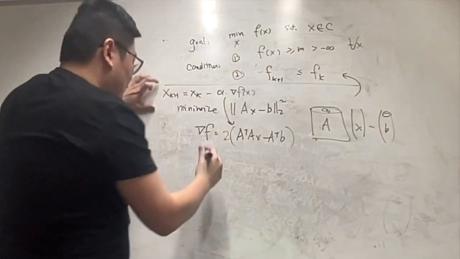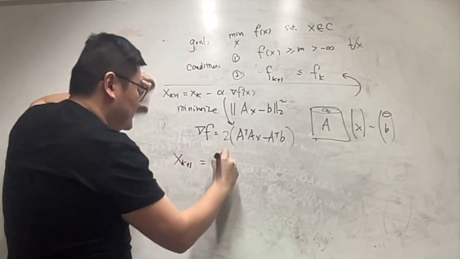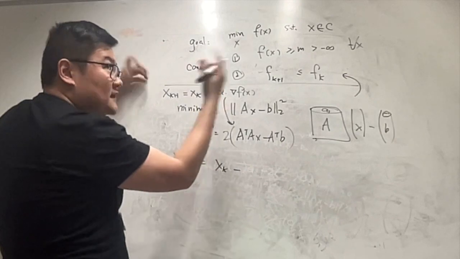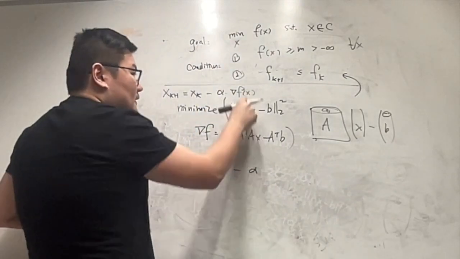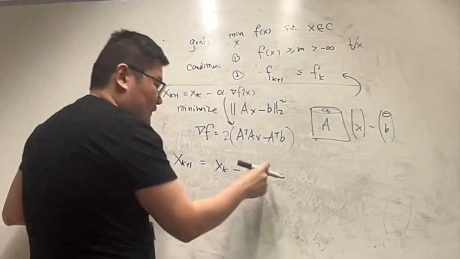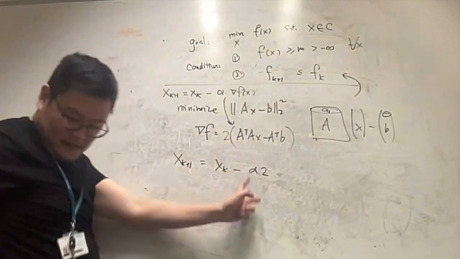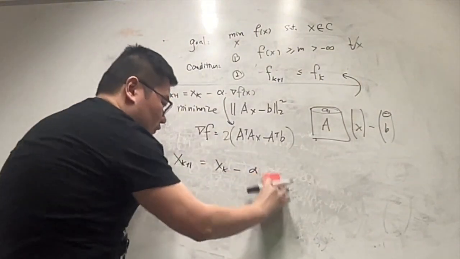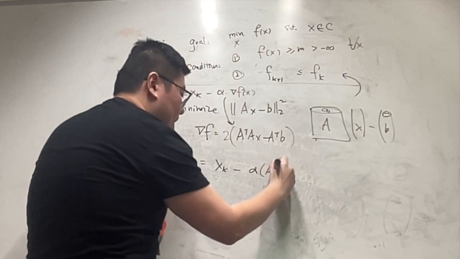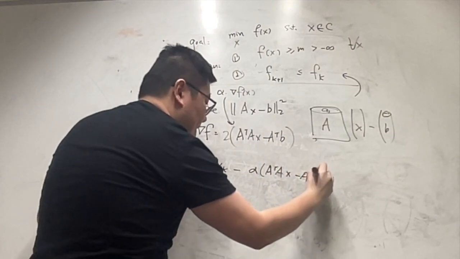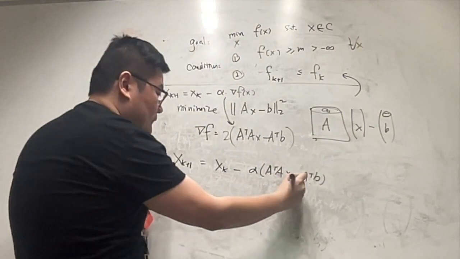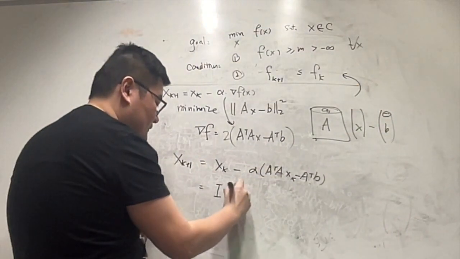So therefore, your update operation will be: alpha is a number. So let's say I have alpha times the gradient, that is 2. Now let's say I absorb the 2 into alpha. That means I make alpha half. Then I don't need to write the 2. Now you see there's x. This is xk, right?